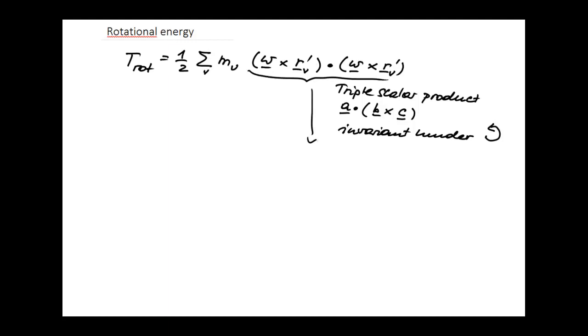When we use that property of the triple scalar product, then the first vector in the triple scalar product becomes omega. The second vector becomes r nu prime, and the third becomes omega cross r nu prime.